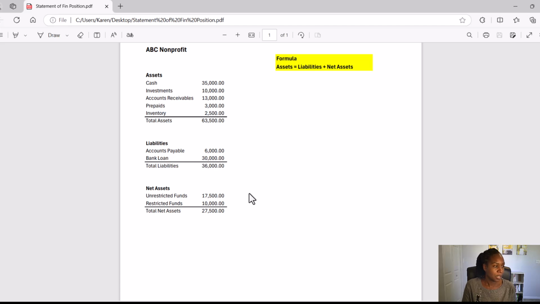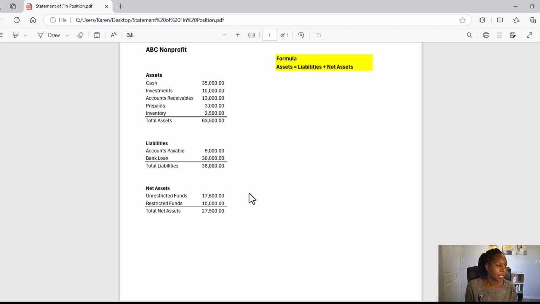Restricted funds are funds that you must spend on a particular purpose. So restricted funds could be, hey, you can only use these funds to pay your W-2 employees, and that's it.